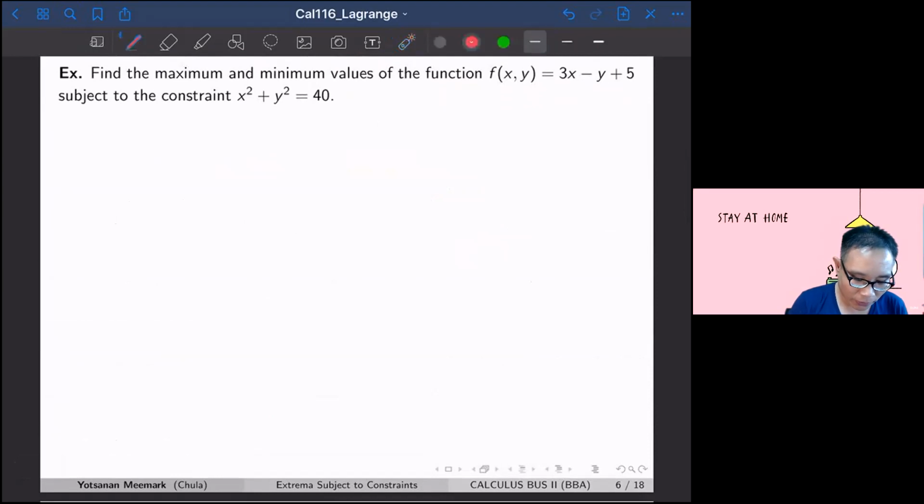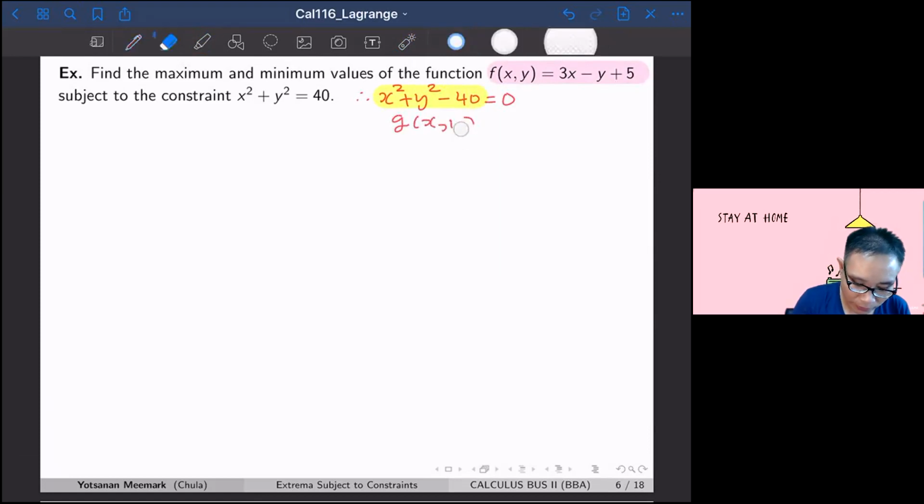Okay, so for this one, you have the function f(x,y) equal to 3x minus y plus 5, and you have the constraint x squared plus y squared equal to 40. That will be rewritten as x squared plus y squared minus 40 equal to 0. So this one will be the constraint g(x,y).